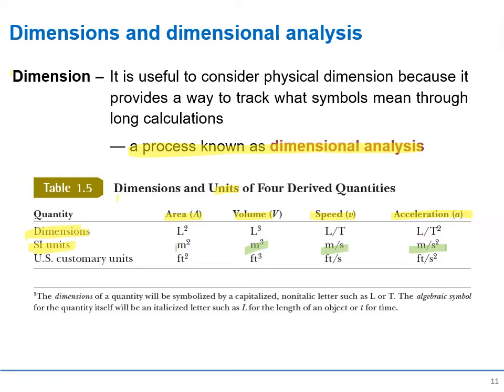When we talk about dimensions, for area you have L square, for volume L cube, for speed L over T, that is displacement over time, and for acceleration L divided by T square, because acceleration is velocity over time, and velocity is displacement over time.